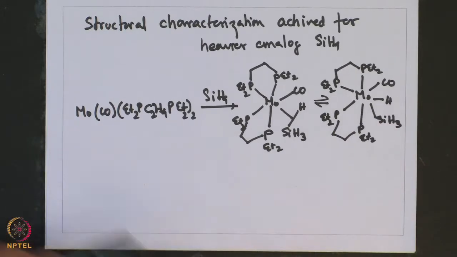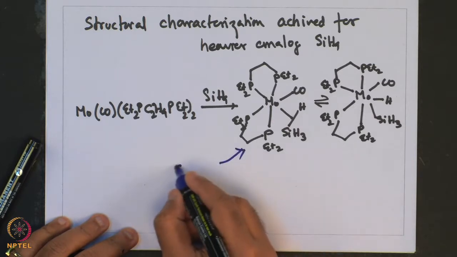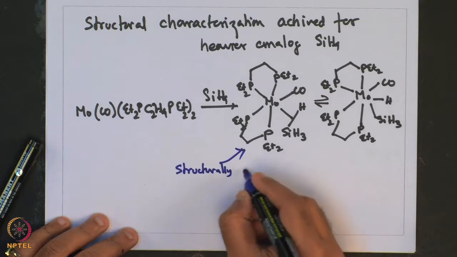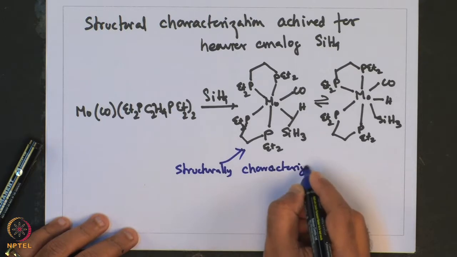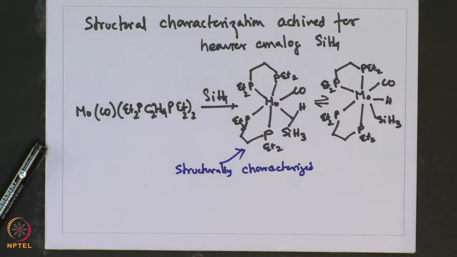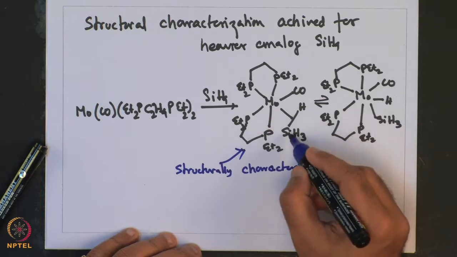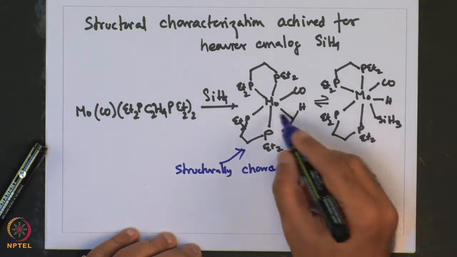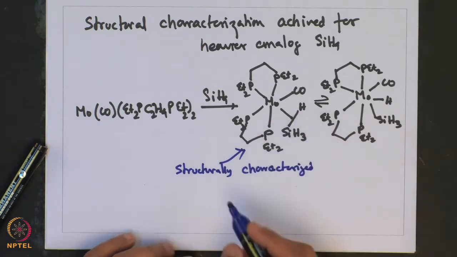Now, these silane complexes have been structurally characterized. As has been said, because of this interaction the silicon hydrogen distance would increase, because this interaction weakens the alkane CH bond.